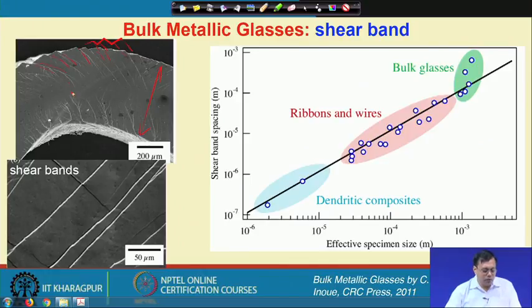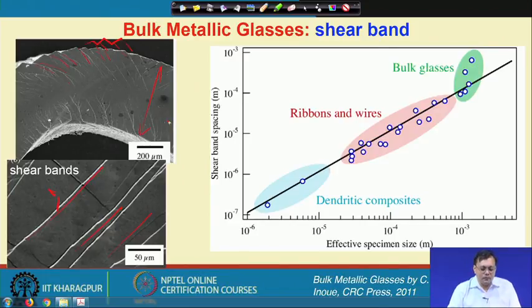In a more magnified view, these shear bands appear in a glass in this way, where some steps are involved and then there is the next plane. We should remember that this deformation has been done near room temperature, where shear localization has to occur.